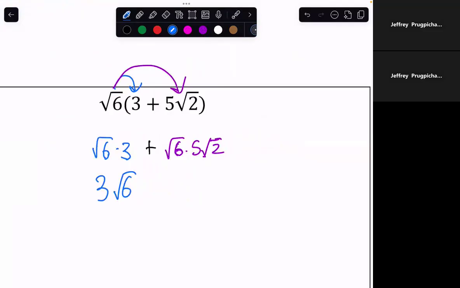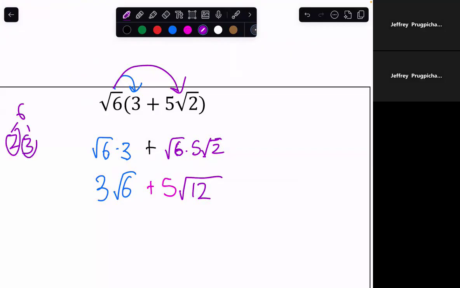Okay, now over here, again, first you multiply the coefficients. Invisible 1 times 5 is 5. And then now you multiply the radicands. 6 times 2 is 12. And last step, check if you can simplify. 6 is just 2 times 3.